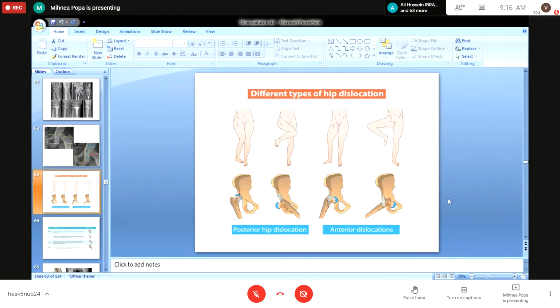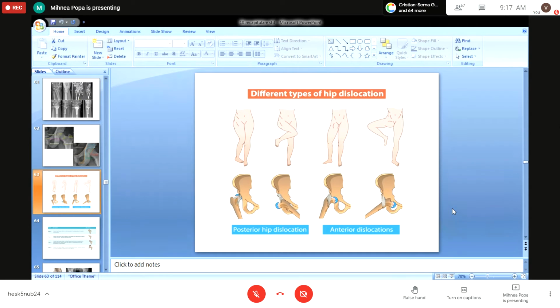Okay, so you keep in mind this image. It's very important for you to understand the fractures and the luxations that can be produced in this region. Most of the patients that have luxation of the hip are young and have a high-energy traumatic mechanism, so a car accident or something like that.